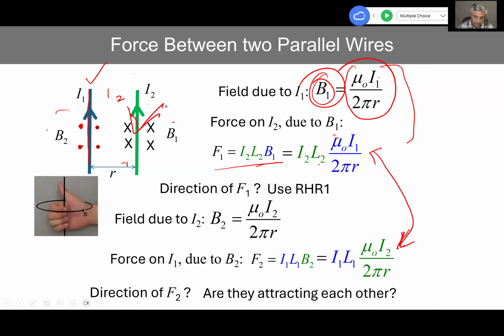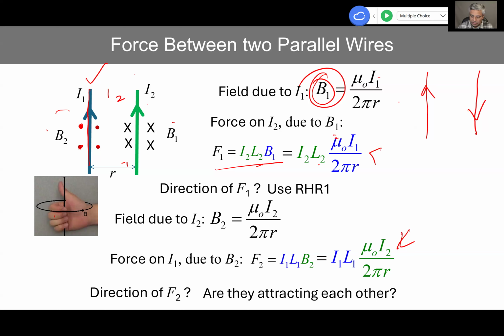So let's say there is one wire something like this, another something like this, I1, I2. By the way, all these steps I talked about are written stepwise in the notes.